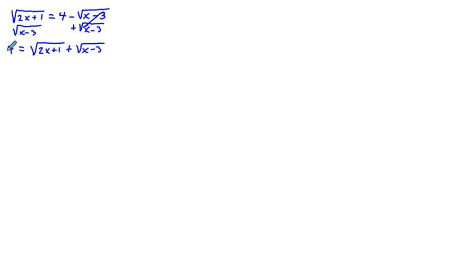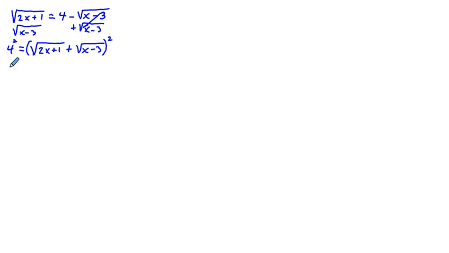Now what we're going to do is square both sides of this equation. So on the left side we have 4 squared, and on the right side we wrap both of those radical expressions in parentheses and square them.